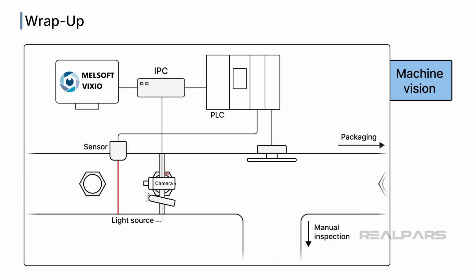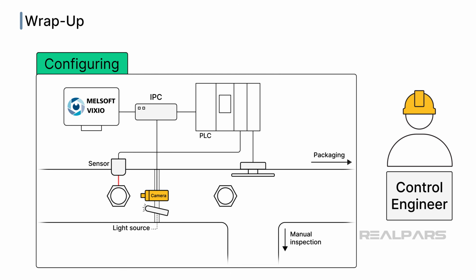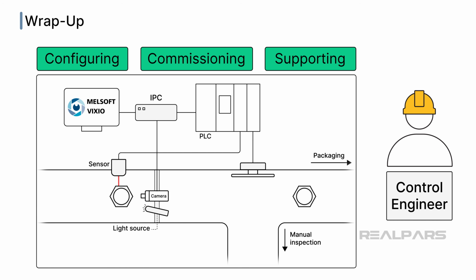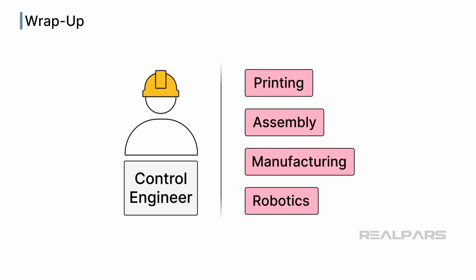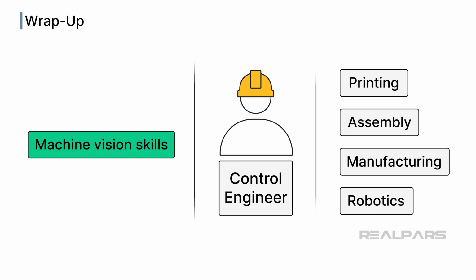For this reason, more and more control engineers are expected to have knowledge of configuring, commissioning, and supporting machine vision systems. If you are interested in working in fields like printing, assembly, manufacturing, or robotics, having machine vision skills is an advantage that could help you land your dream job.